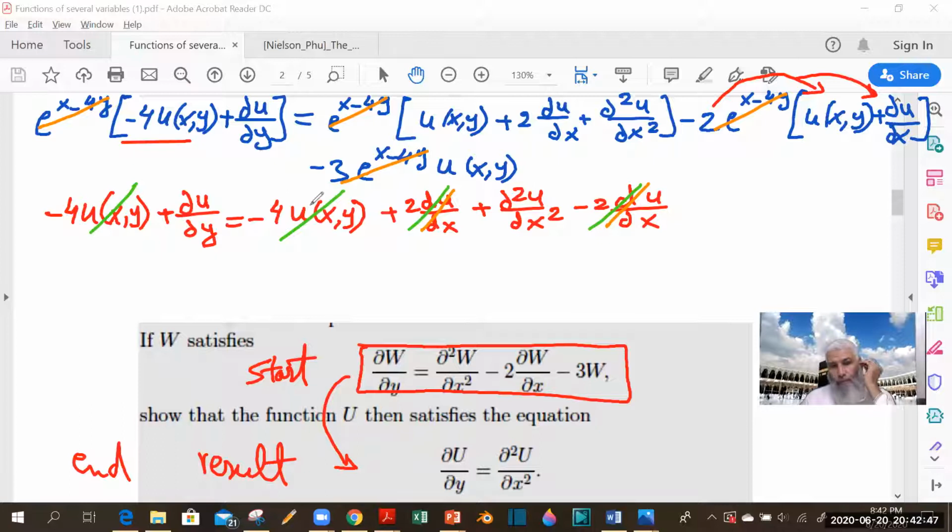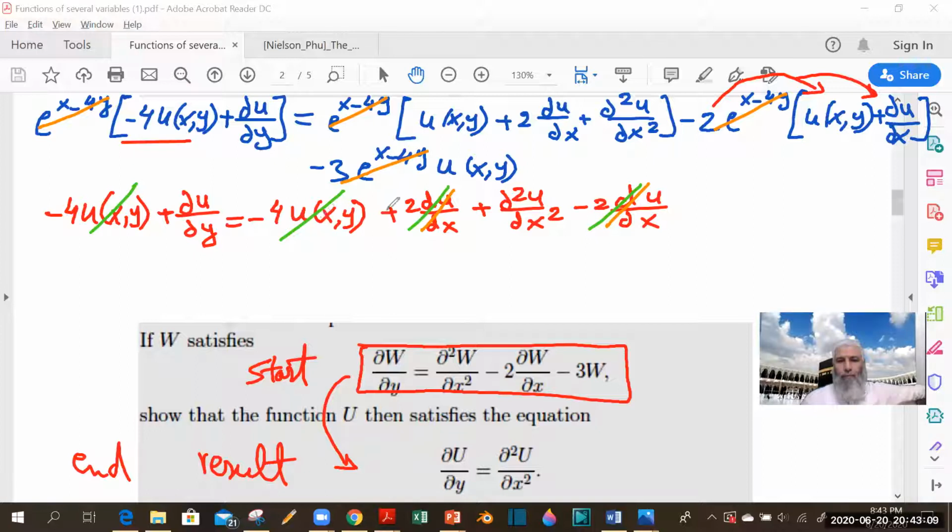Yes, but Ustaz, can I ask you a question? Why didn't we use UXY? I mean, why didn't we write it in our last equation? Like, we wrote du over dx, but why didn't we use UXY?